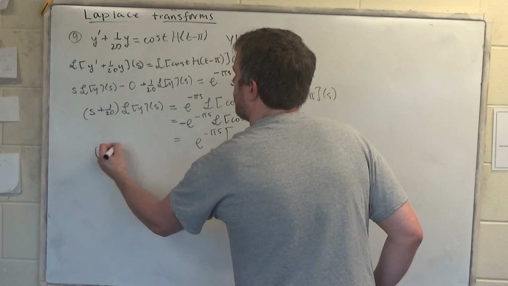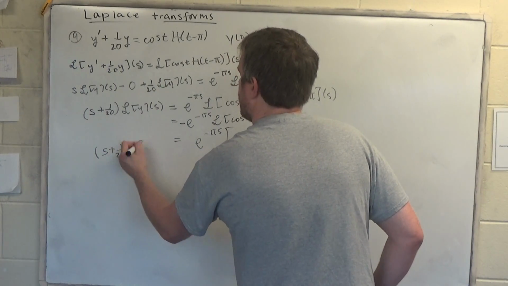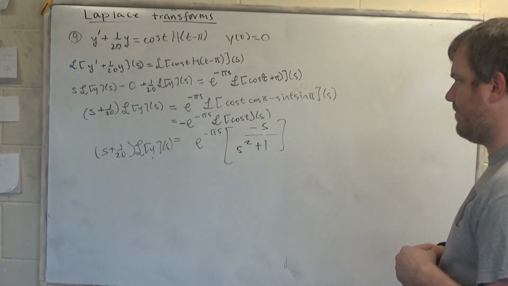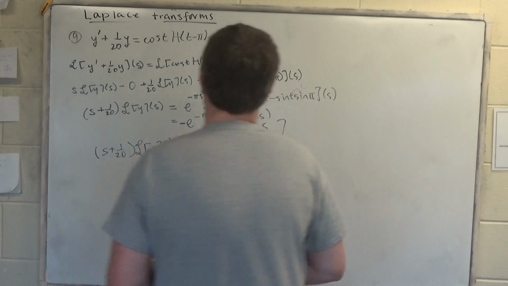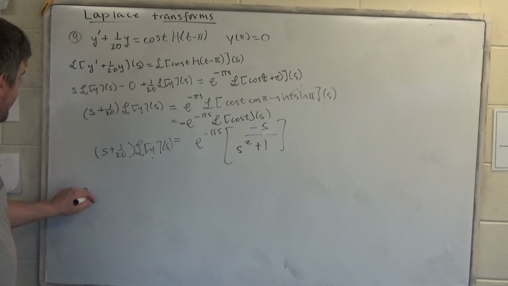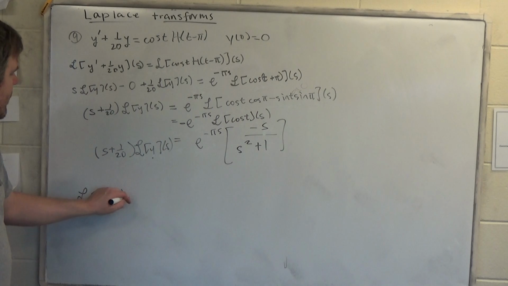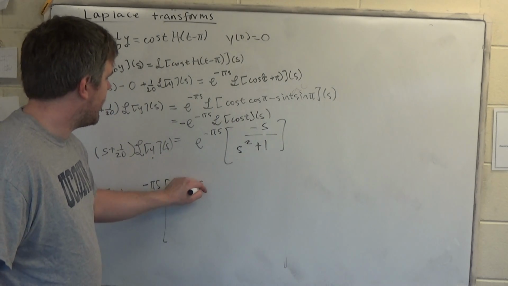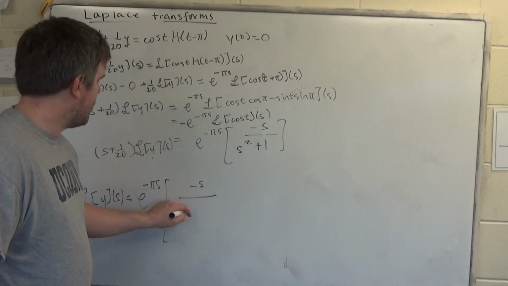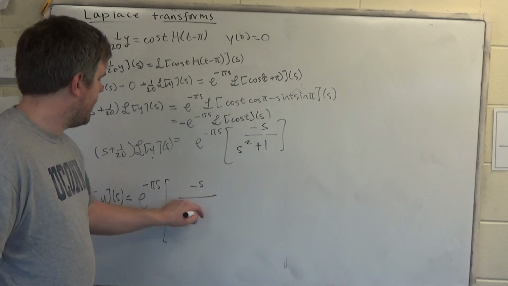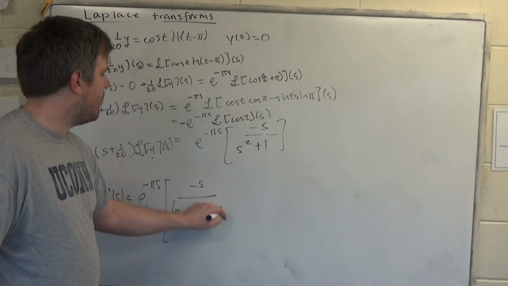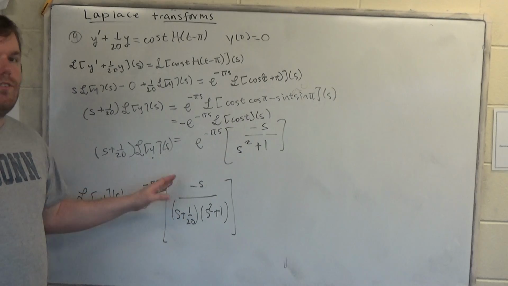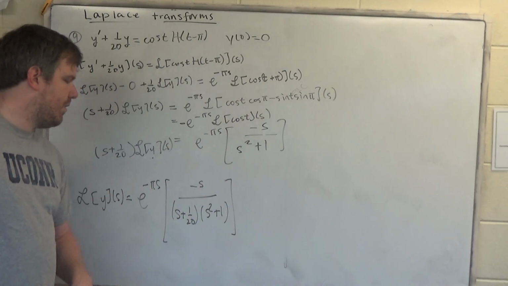This is still equal to s plus 1/20th times the Laplace transform of y. So when I solve for the Laplace transform of y, I get e to the negative pi s times negative s over s plus 1/20th times s squared plus 1. And we're going to have to partial fractions the thing in brackets.